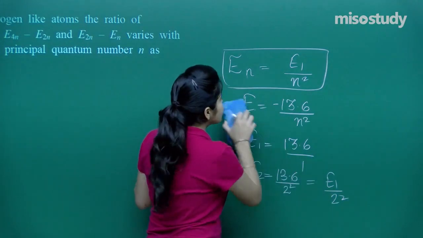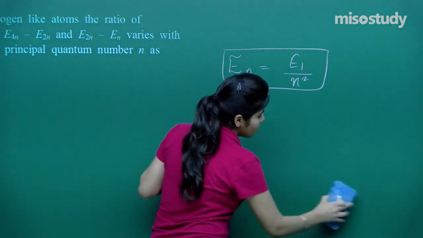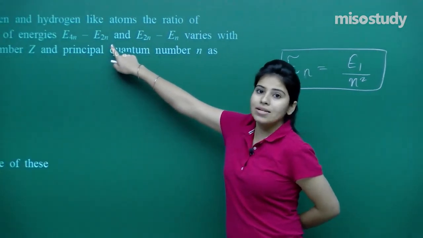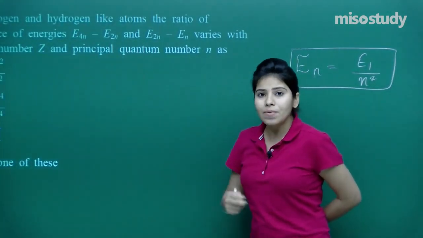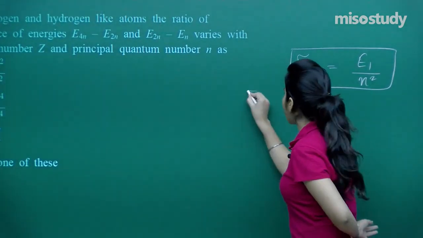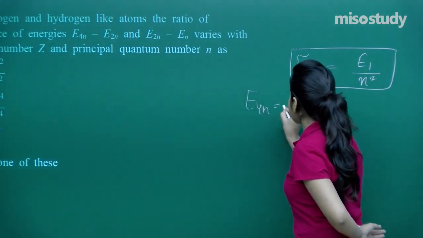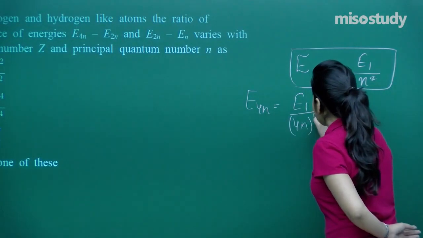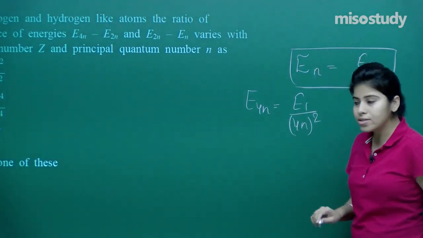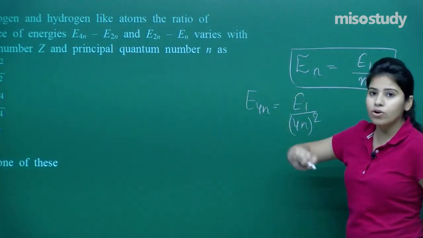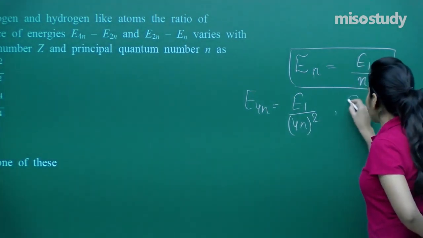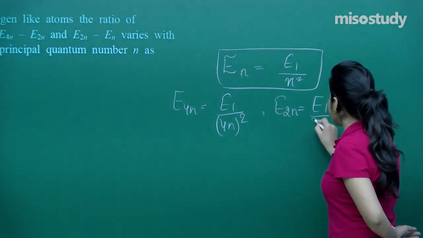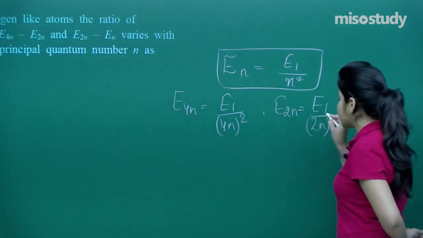So let me just start with the question now. We have been given E4n minus E2n. Now if I write for E4n, that will be E1 upon 4n square, right students? And E2n equals E1 upon 2n square.